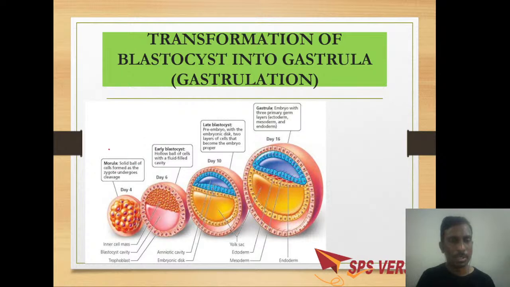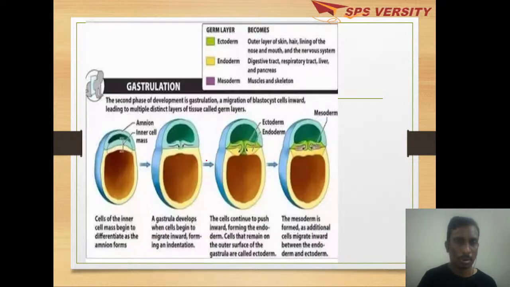First the 8 to 16 cell stage, morula. After that blastocyst, day 6. Day 10, you can see the late blastocyst. After that we can see the gastrula, where we can see 3 layers: ectoderm, mesoderm, endoderm, from which various organs will develop.